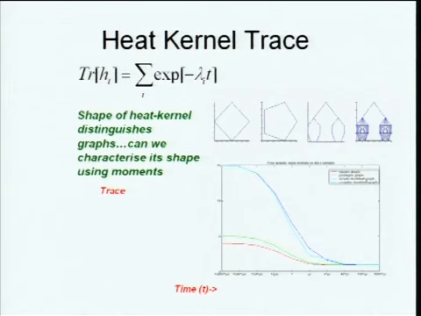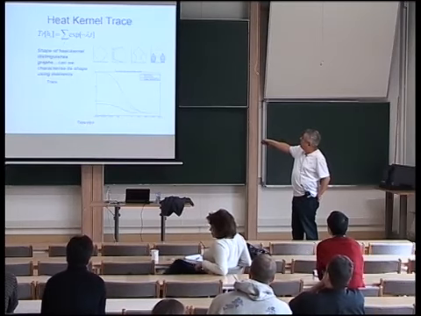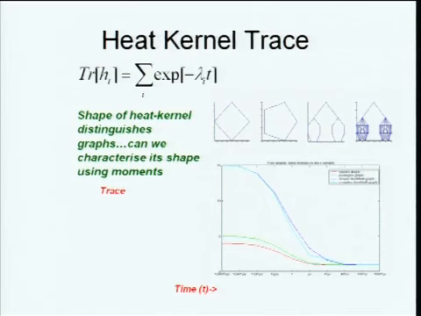For instance, these 2 graphs here produce the 2 curves down at the bottom. The 2 graphs here produce the light blue and the dark blue curves. What you'll notice is that the light blue and dark blue curves are actually quite similar to each other, and then as we increase time, the differences between them become obvious.